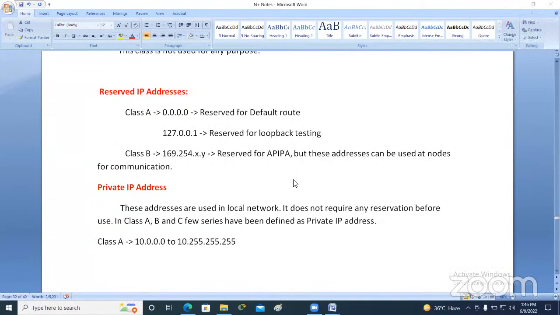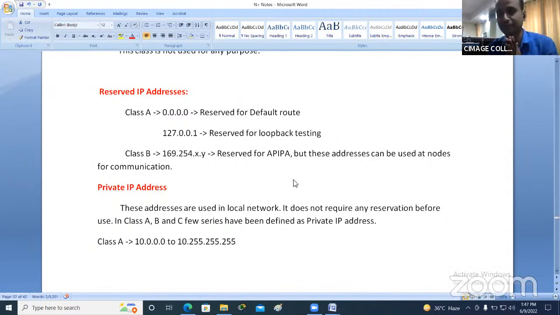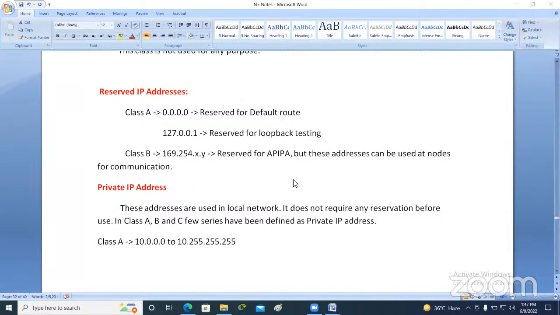But this loopback term is very helpful for us if we have to test our services. For example, whether our NIC is working well or not. Without any physical connection or Wi-Fi connection, I have installed the driver of my NIC, and I have to check whether my NIC is working or not.